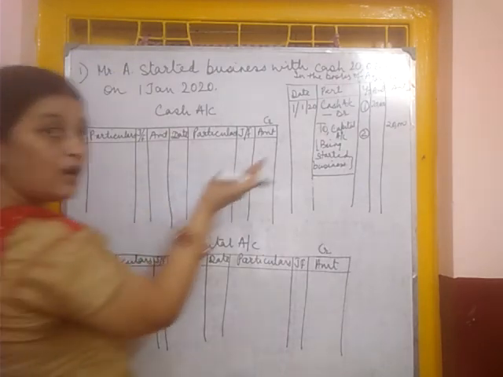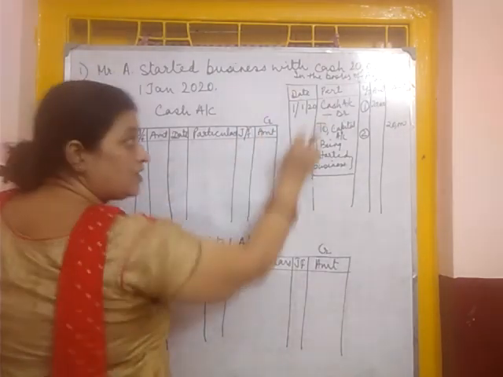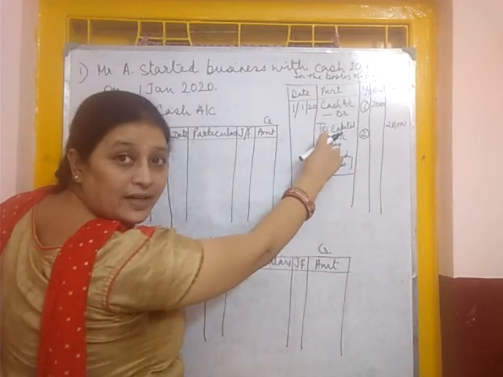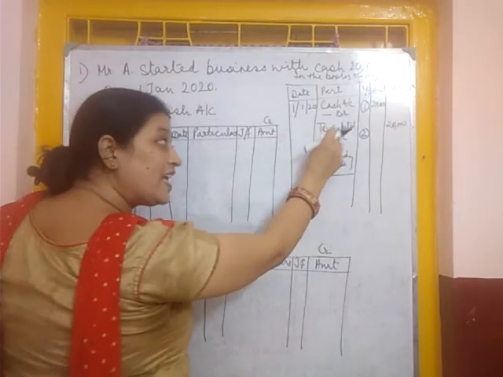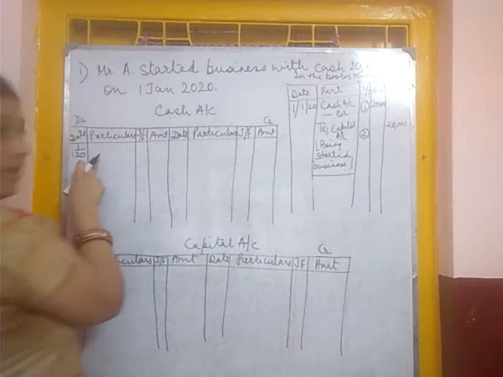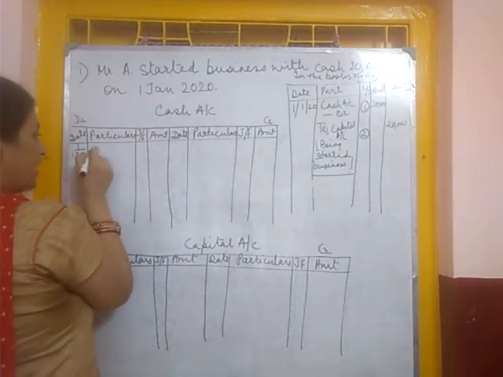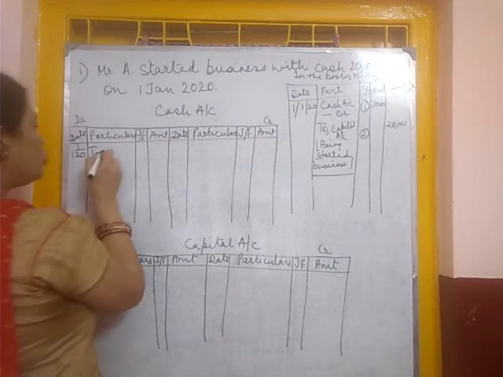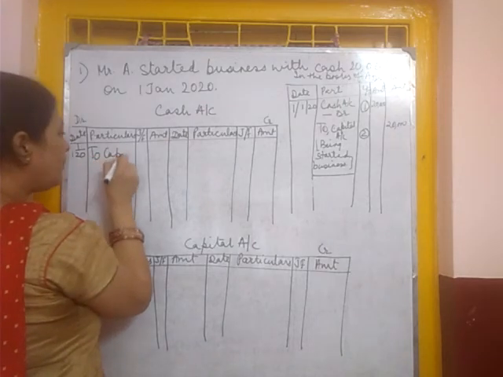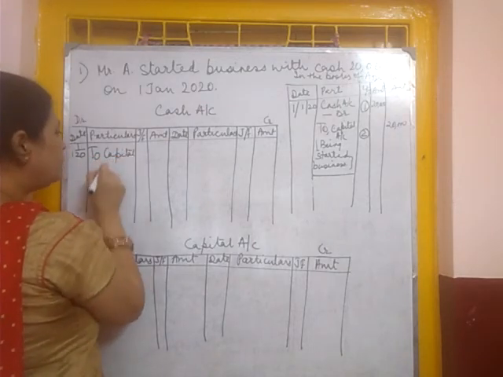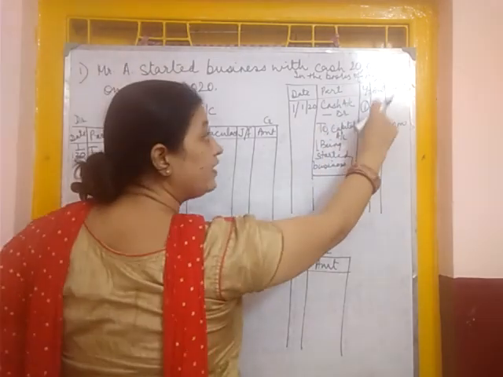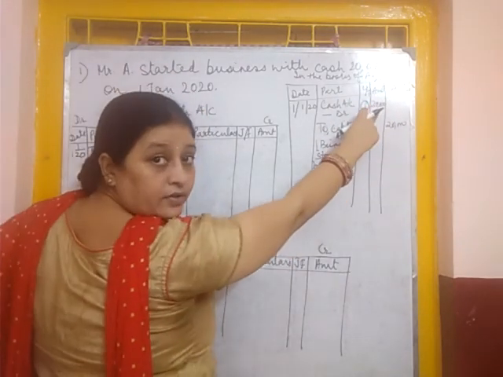We have to write the opposite entry. Opposite entry means what is credited. Capital account has been credited in the journal, so we will take this capital here. As I told you, the debit side is always denoted by "To". We will write "To", but what account? Capital account. To capital account. And what is the amount of debit here in cash account in the journal?